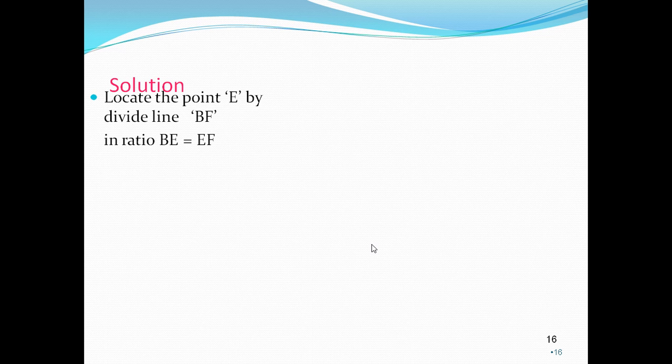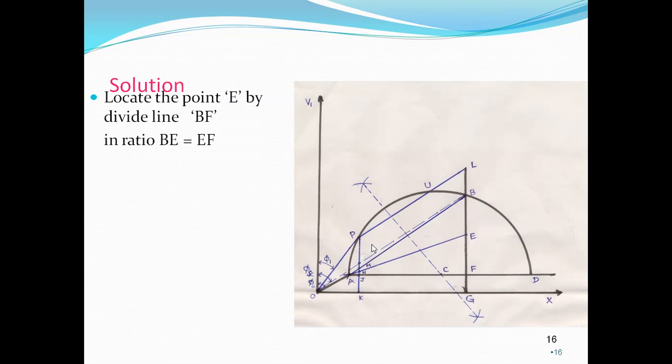So how can we put this? We have to get the point E such that BE is equal to EF. Both are equal, and E is the center point.